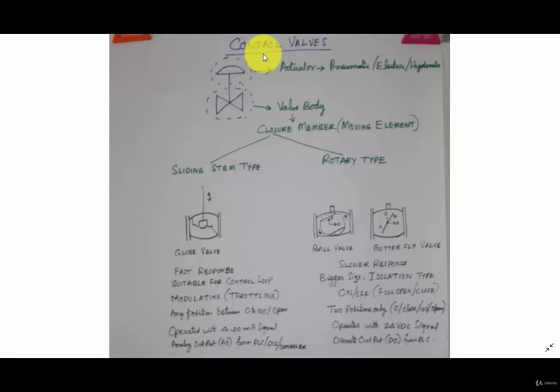So now we studied the measurements, we studied the controllers, and now we are studying the control valves, which are the final control element. This is very important because it's a part of our control loop. As an instrumentation engineer or control engineer, you have the responsibility to properly select the control valves and properly size them so that they work and control the loop perfectly.